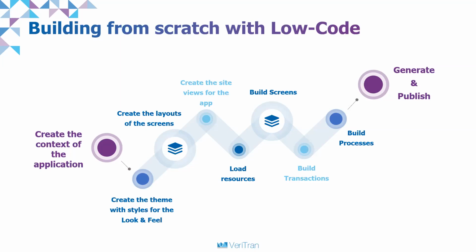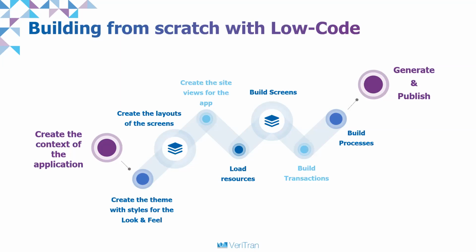Then we move on to creating the side views. We apply the resources, and then we build the screens, the actual screens that will be shown to the end user that will be taking advantage of this application. Then after that, we connect to backend services, and we'll talk about some of the benefits of low code, and I'll get a little bit deeper into that.